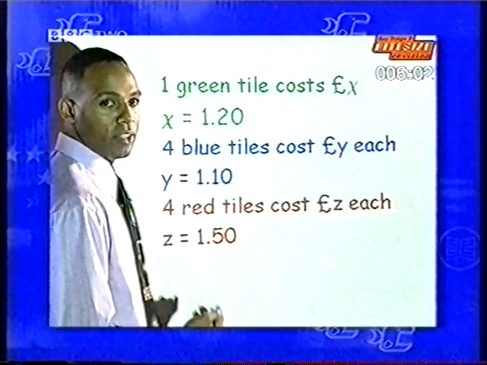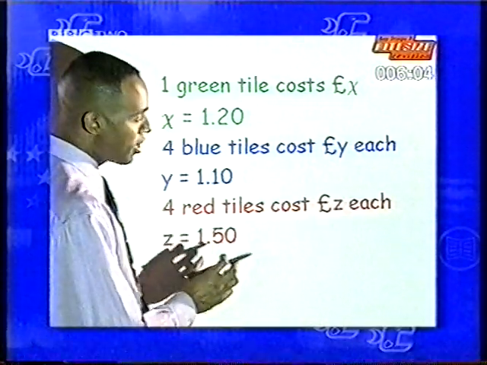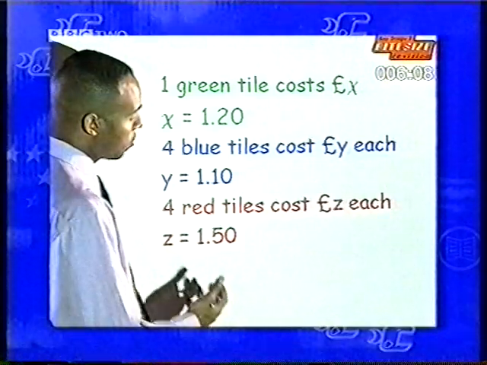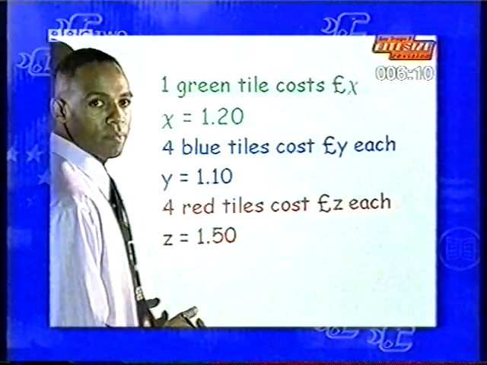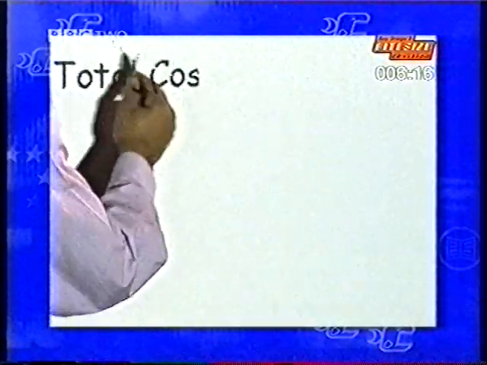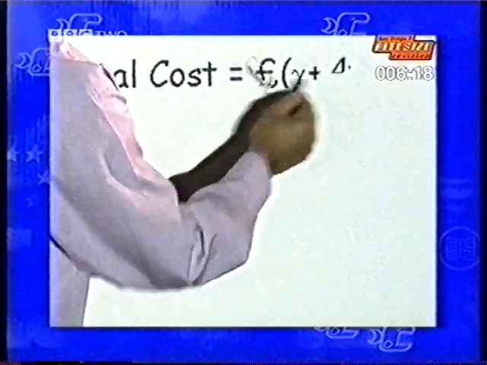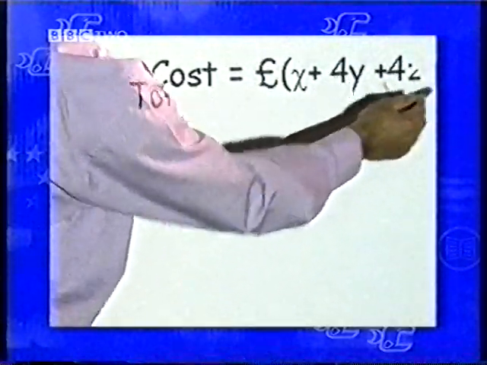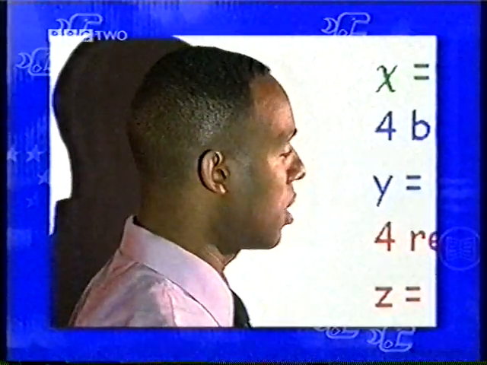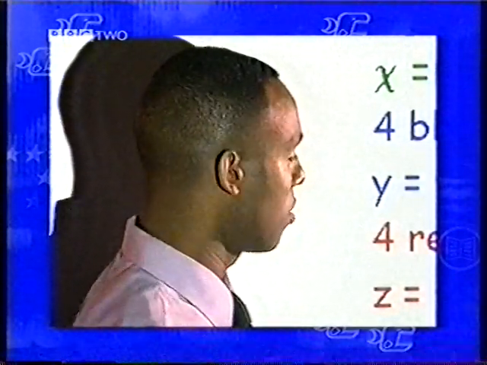So we can calculate the total cost for one small section of the wall by substituting the values for each of the terms in the expression. But let's just remind ourselves as to what that expression is. The total cost is x plus 4y plus 4z. So let's substitute in the values for each of the terms.